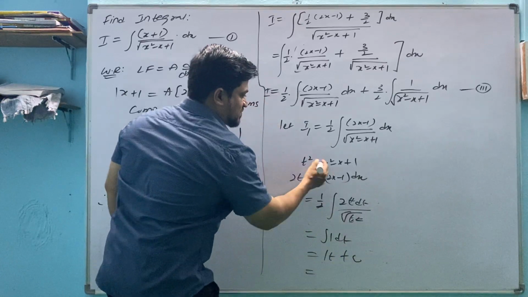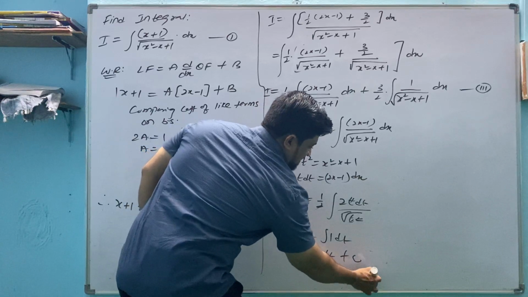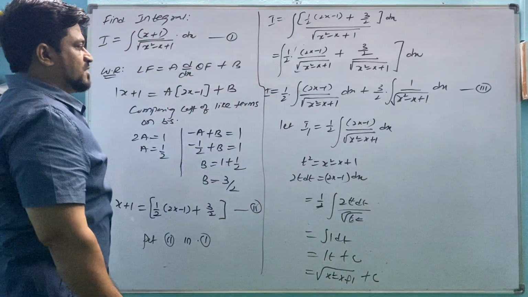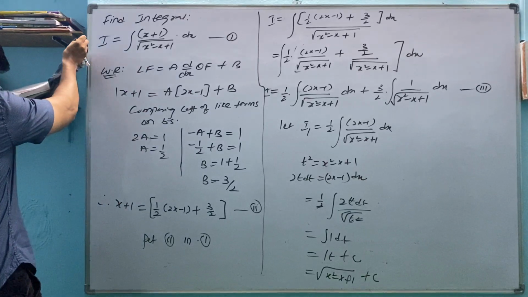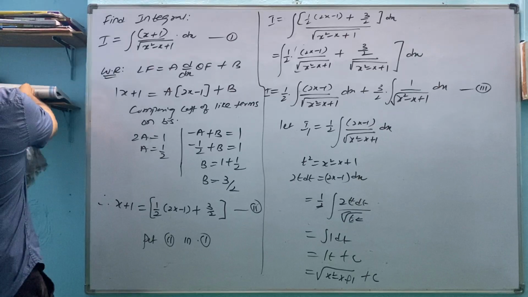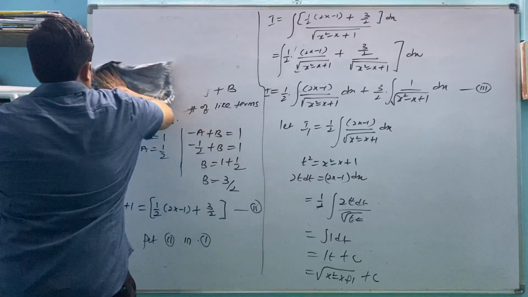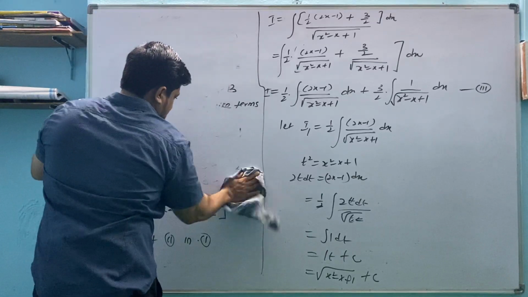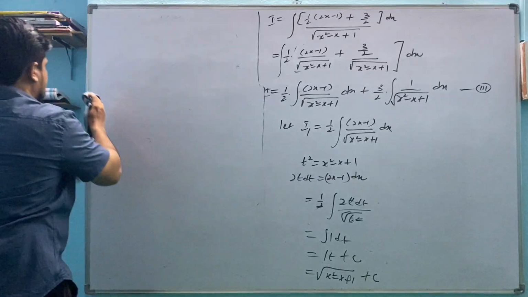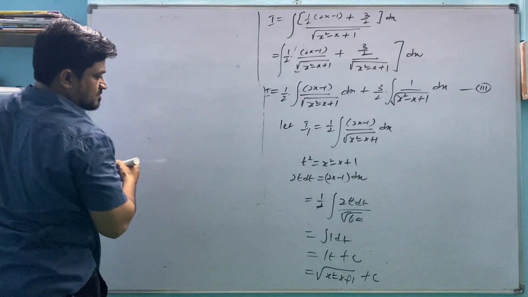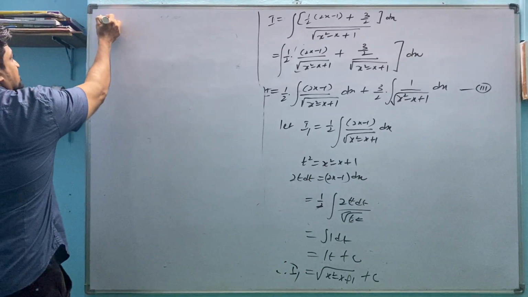What is the t value? t square is this one, means t is root over x square minus x plus 1 plus c. Therefore, this is I1. Now we have I2.